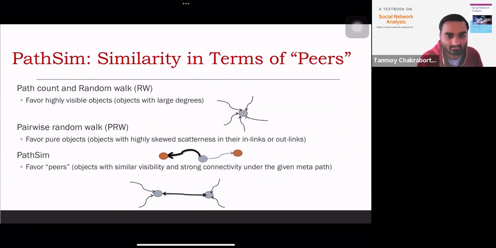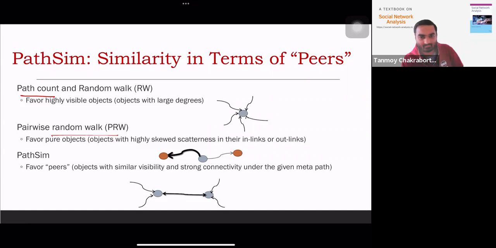They also suffer from many problems, many limitations. For example, if you use simple path count, or the random walk that I mentioned, these kinds of measures always favor nodes with high degree. If you use pairwise random walk, it always favors those nodes which have skewed scatterness in terms of inlinks and outlinks.